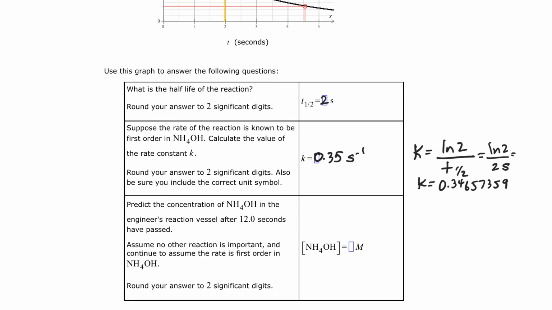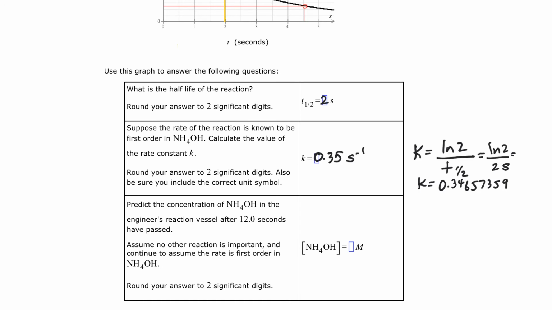Predict the concentration of the stuff after 12 seconds have passed. The only thing you know is that every 2 seconds you're going to have half as much as you used to have. All right, so you could just take the original sample of 1.2 molar and divide by 2 however many times 2 seconds fits in 12.